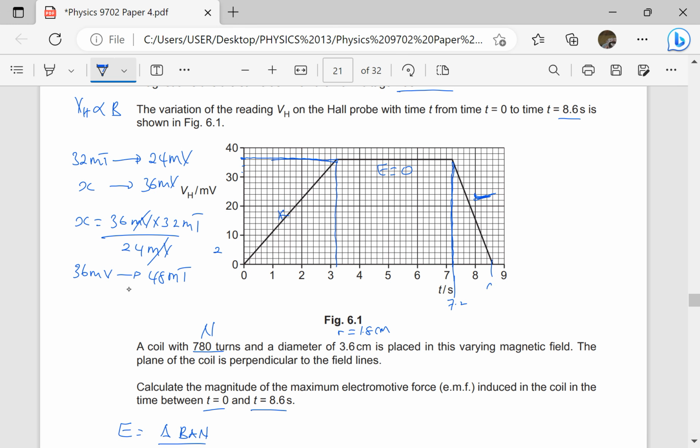And this was 8.6. So the time interval here is 8.6 minus 7.2, which is 1.4 seconds. And the magnetic flux density changes from 36 to 0. Therefore, that will give us the maximum EMF.